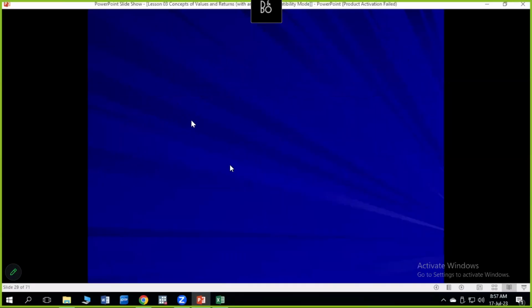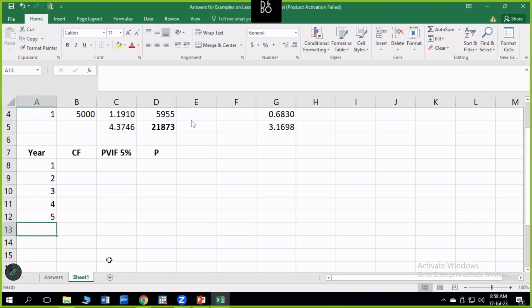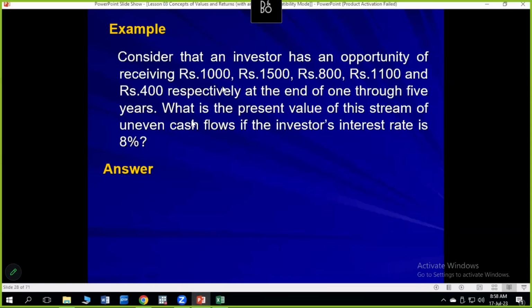So in this example, you have the 5 years of cash flow coming. What you can do is put in a column the years in order: 1, 2, 3, 4, 5. Then the cash flow, which is given in the question: 1,000, 1,500, 800, 1,100.